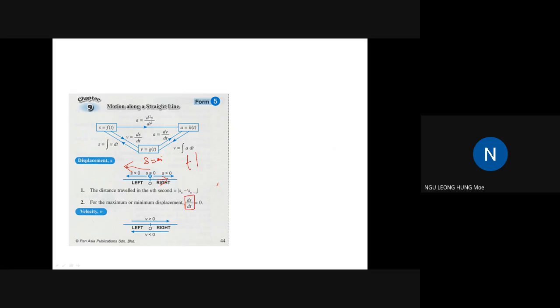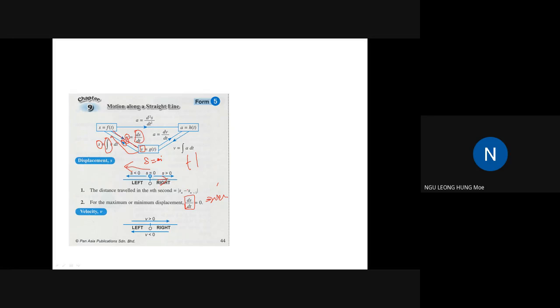ds/dt, this one is velocity. If we want displacement to become velocity, we differentiate. If velocity wants to go back to displacement, integrate.